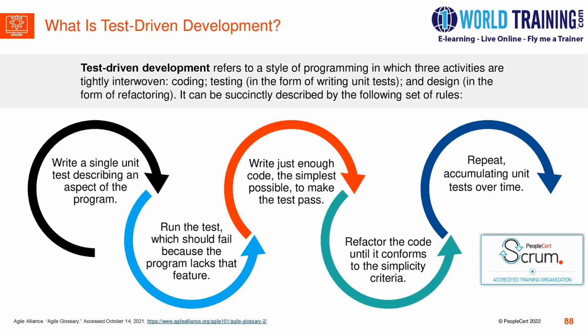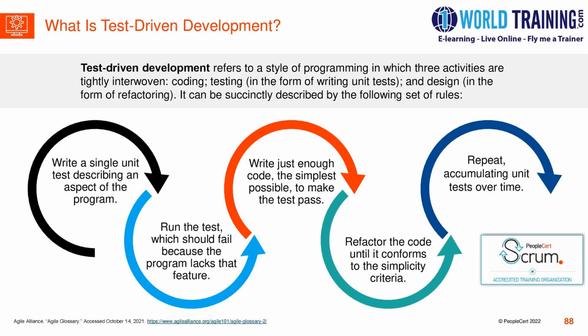Once the unit test fails, the next step is to write just enough code in the simplest possible way to make the unit test pass. So first we write the unit test, then we run it, which fails because there is no code. Then we write the simplest piece of code to make the unit test pass.